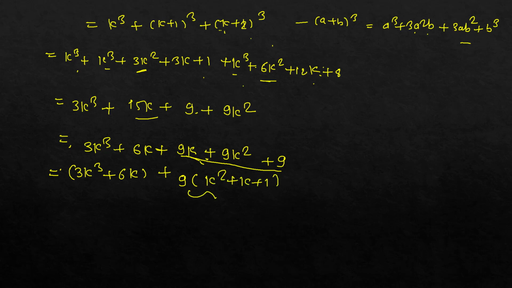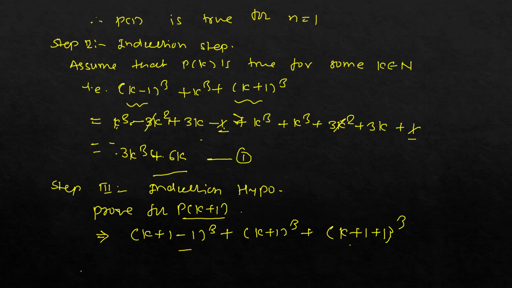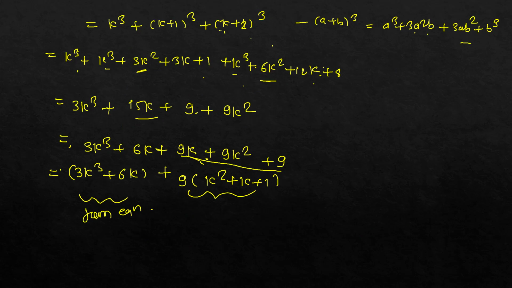Now look, this is a multiple of 9, and from equation number 1, k cube plus 6k.